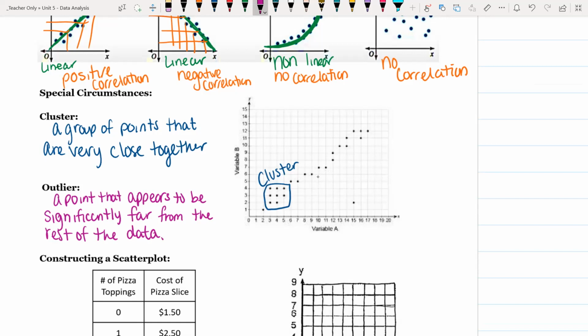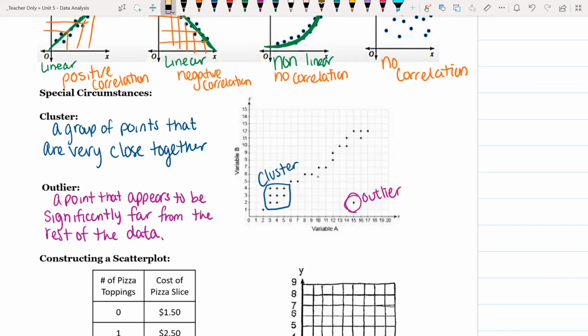The rest of the data is all together, and then this point's kind of off randomly to the side. Do you see an outlier here on this graph? Hopefully you're saying yes, right here, right? All the data kind of makes a straight line here, but not this point. This point is over here. So this is our outlier. Sometimes they might not be as obvious. It might be like here or like here. Okay, so they sometimes might be as obvious as this, but that's definitely far from the data.